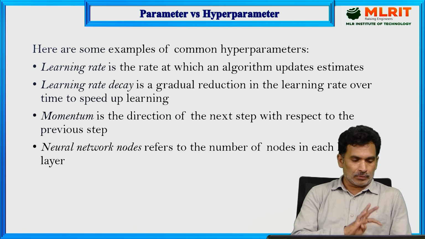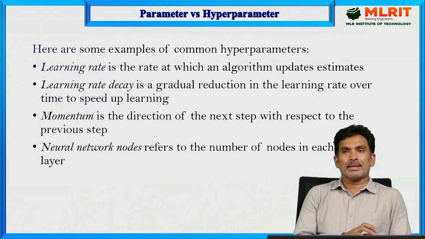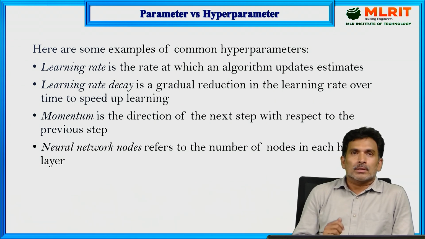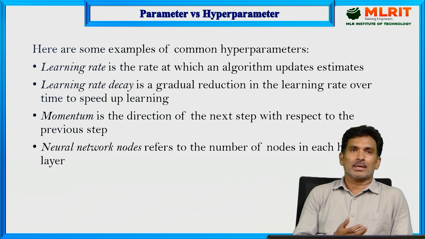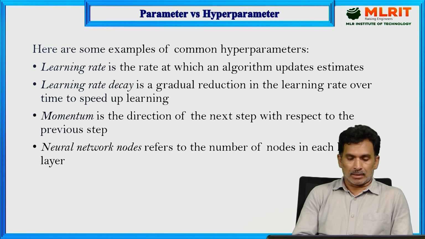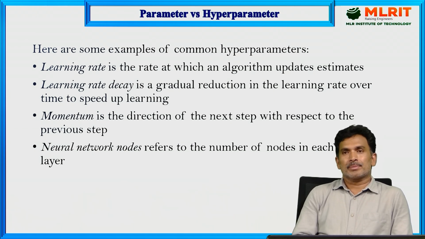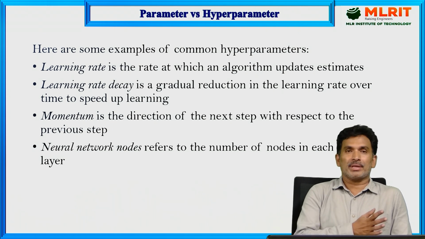If you take examples of hyperparameters, learning rate is one hyperparameter that is mainly used; it decides at what rate an algorithm updates the estimates. Then learning rate decay is a gradual reduction in the learning rate over time to speed up the learning process. Then momentum, that is in which direction the next step goes with respect to the previous step.